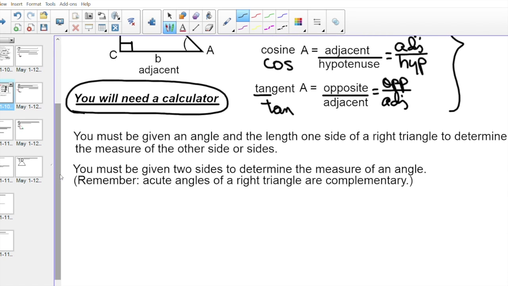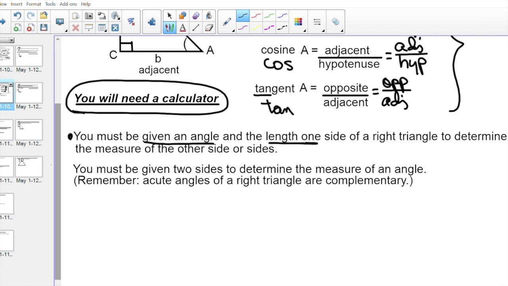So here's what we're going to do. We're going to work some problems now. And there are a few requirements first. You must be given an angle and the length of one side of a right triangle to determine the measure of the other side or sides. There are three sides in a triangle, but sometimes you're only required to find one side. Then sometimes you're required to find all the sides.